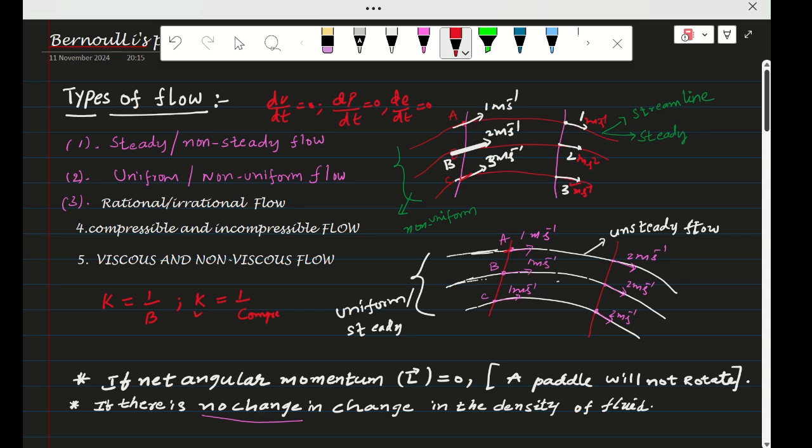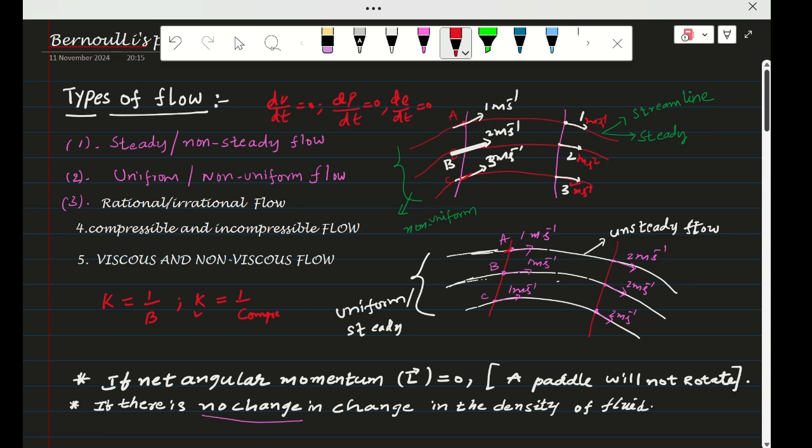Right. So viscous and non-viscous. Viscous means layer-to-layer friction. In a river flow, the top layer will go at more speed than the bottom layer, so there is friction between layers.